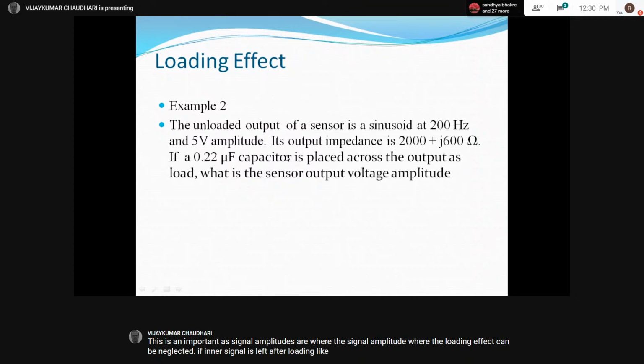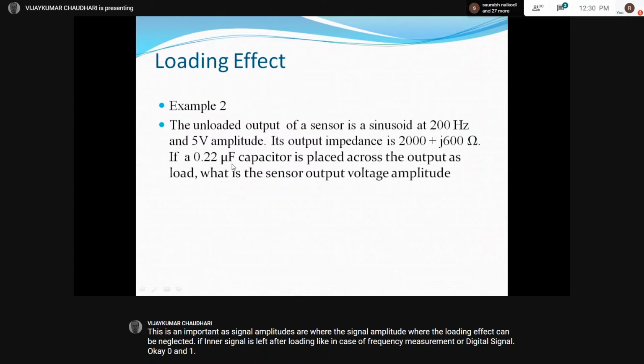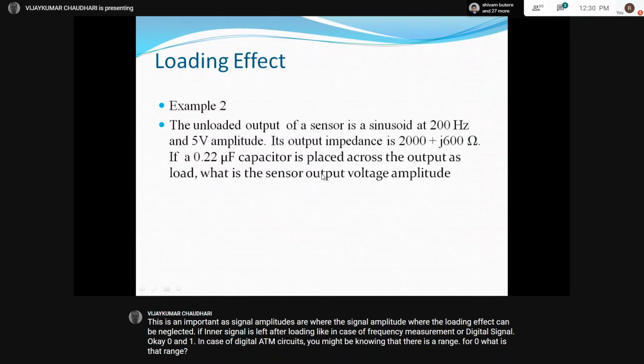So this capacitor is acting as a load for the sensor. What is the sensor output voltage amplitude? It means, what is the voltage across the capacitor, the load voltage? The sensor output voltage is the load voltage because the capacitor is connected across the sensor.